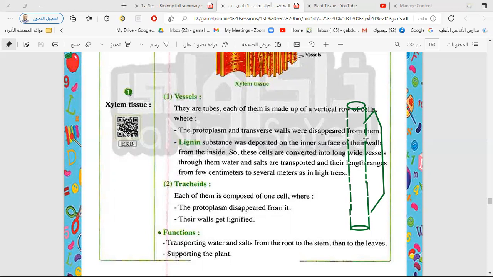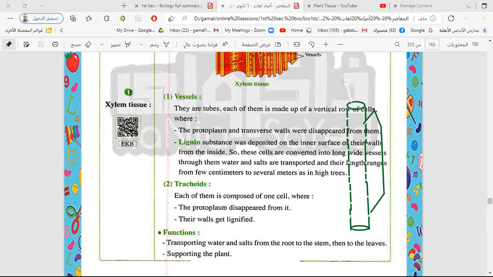But here is one difference between vessels and tracheids: the end of the tracheid has a triangular shape, but the end of the tube of the vessel is a round shape. So this is the main difference between the tracheids and the vessels.